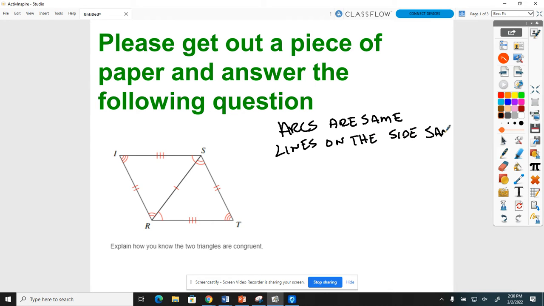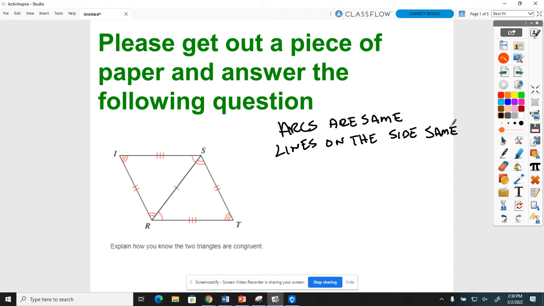Same. Okay, so what does that mean? Like the side with the two lines equals the other side with three lines. Okay. So they have the same angles and same sides.